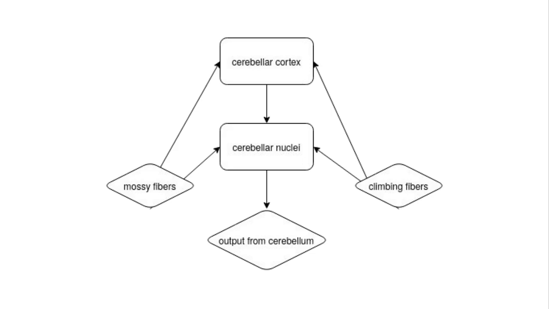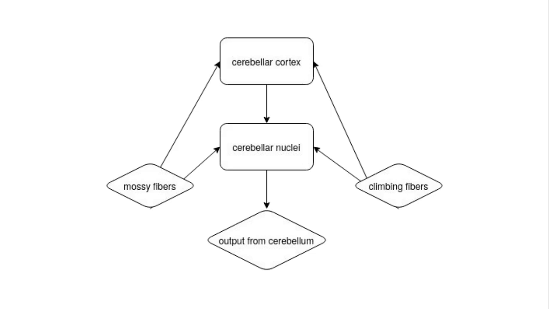So information coming with the climbing fiber would be something like we felt pain somewhere, or we are doing this hand movement and we overshoot and need to correct for that, or we are throwing darts and the dart didn't hit, something like that.